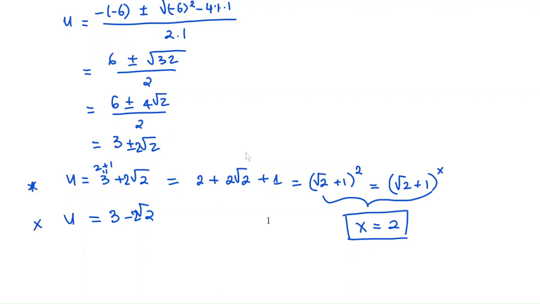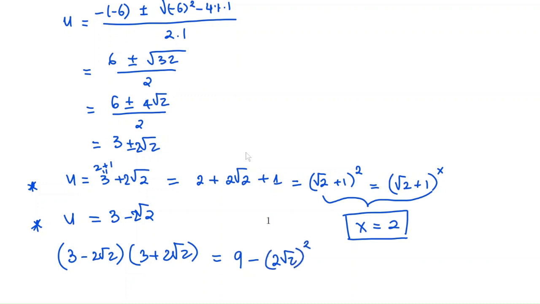Another solution over here, u equal to 3 minus 2 square root 2. We know that 3 minus 2 square root 2 times 3 plus 2 square root 2 is equal to 3 squared, which is 9, minus (2 square root 2) squared.